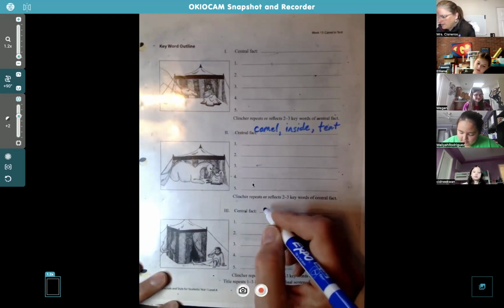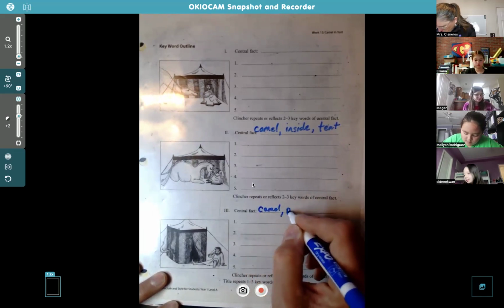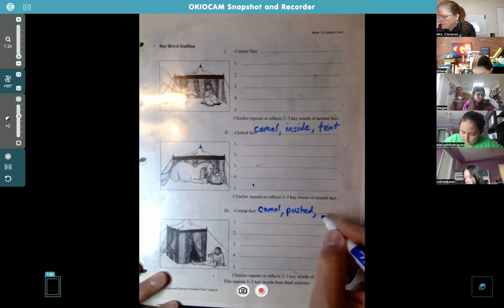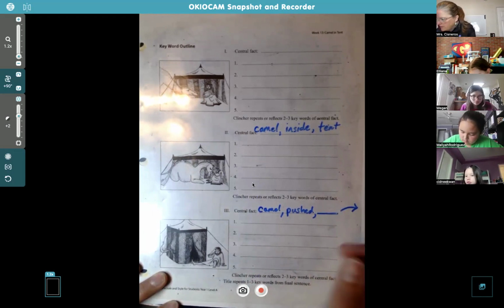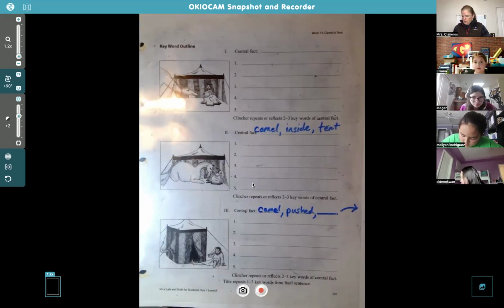But we could put something like "camel pushed," and then the guy's name, and then maybe an arrow meaning out. Camel pushed, Crusoe, Jeffrey, whatever you guys name your guy, out. That's what's literally in the picture.